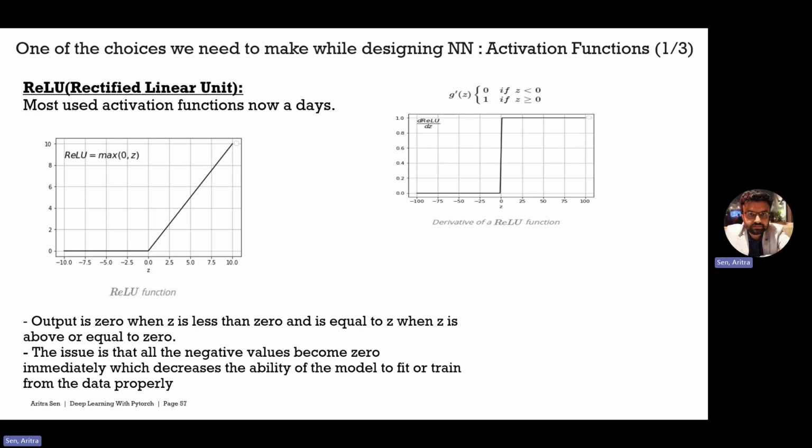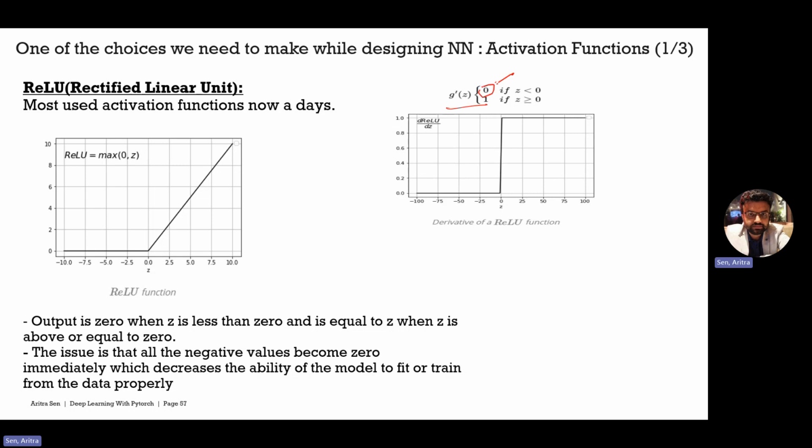And when the value is less than or equal to 0, then your activation function output value would be 0, right? And if you look at the derivative, when the values are less than 0, then the derivative is 0, right?